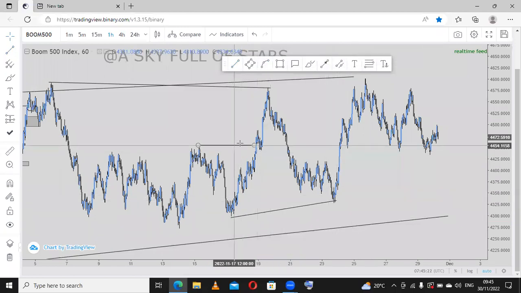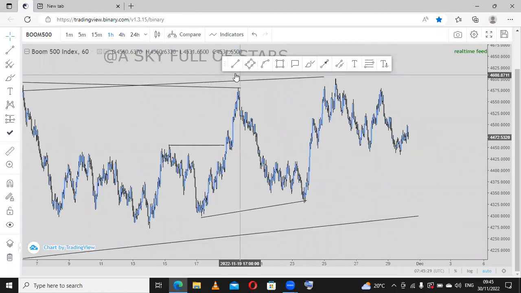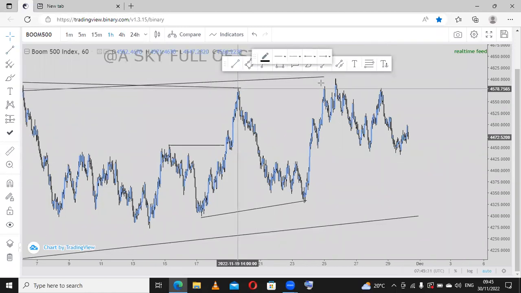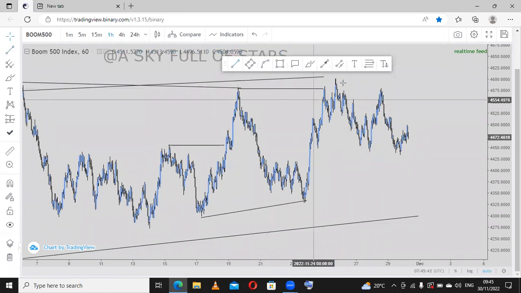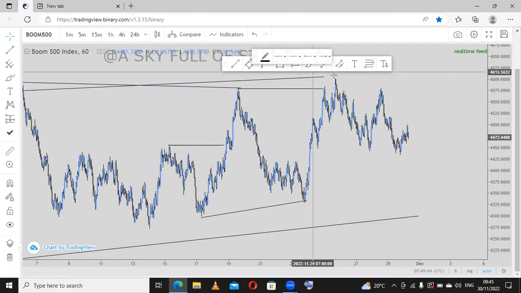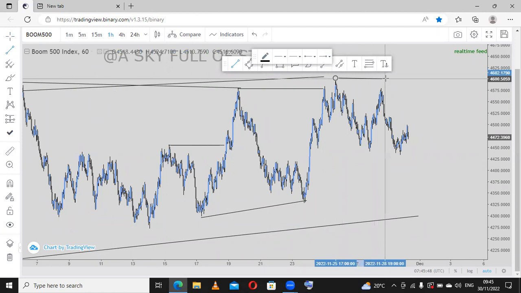Which means price kind of respected this breakout structure, right? And bought. So now, did price break this one? Yes, it did. Broke this high. Okay. So this is our new high broken, and price set a new high right here, which is this one, and it's yet to break it.